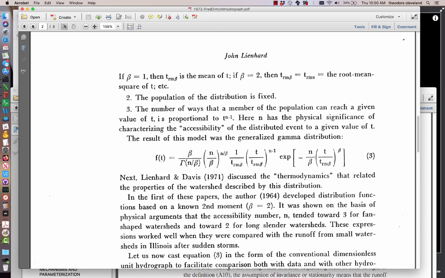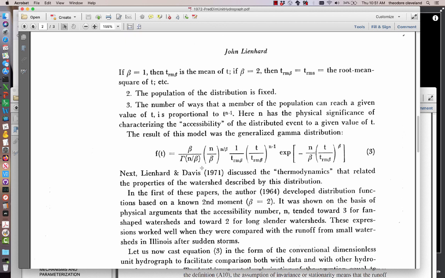The next major step that was not accomplished at the time was how do we turn other metrics of a watershed, slope, area, land use, land cover, time of year for all we know, mean annual precipitation, into values of those betas, n's, TRM beta directly in the absence of complete input-output data.